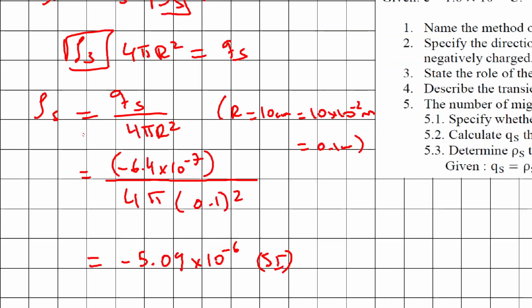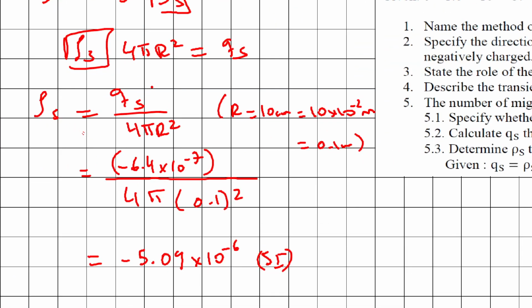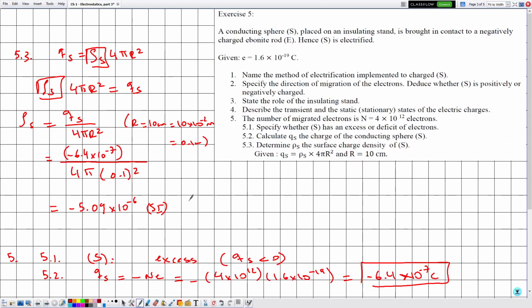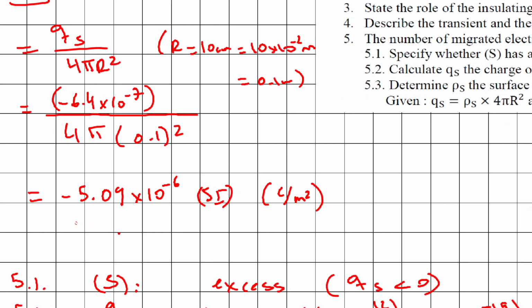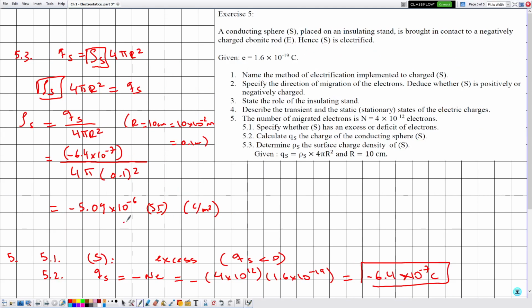For example, one can derive the unit of rho s, since Q is in coulombs and the area is in meters squared, so this is going to be coulombs per meter squared. So we can write here, for example, coulombs per meter squared. But at this level, this answer would be accepted. I don't expect students at this moment to have any prerequisite knowledge regarding dimensional analysis.